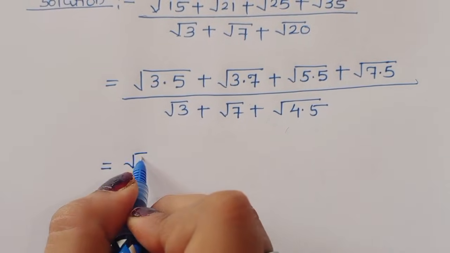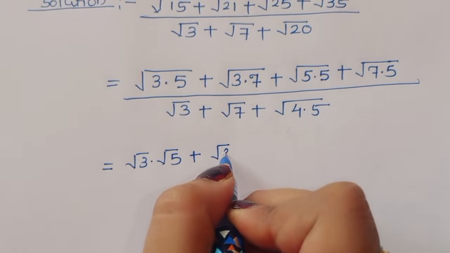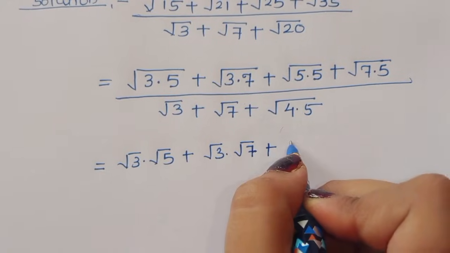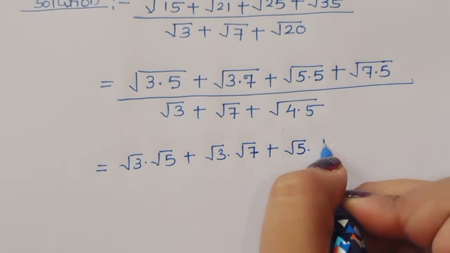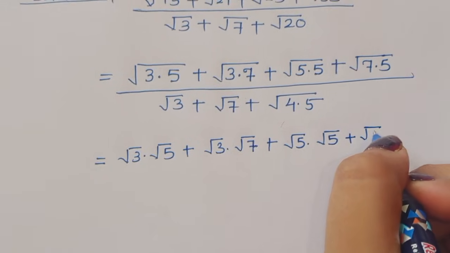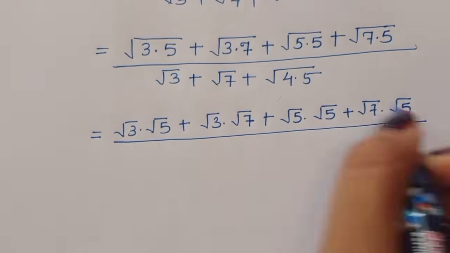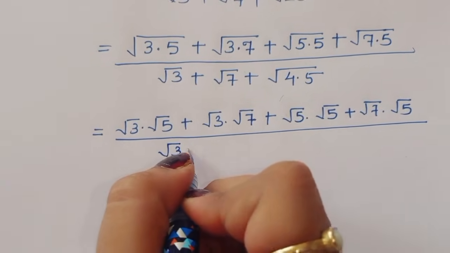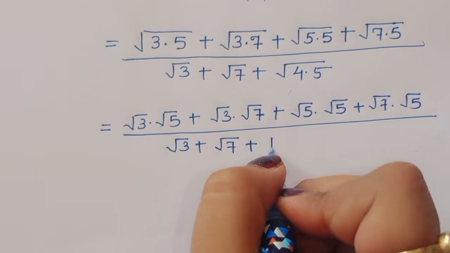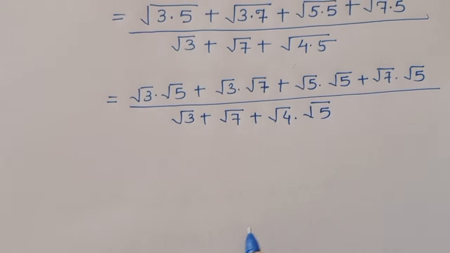√3 times √5 plus √3 times √7 plus √5 times √5 plus √7 times √5, divided by √3 + √7 + √4 times √5, right?